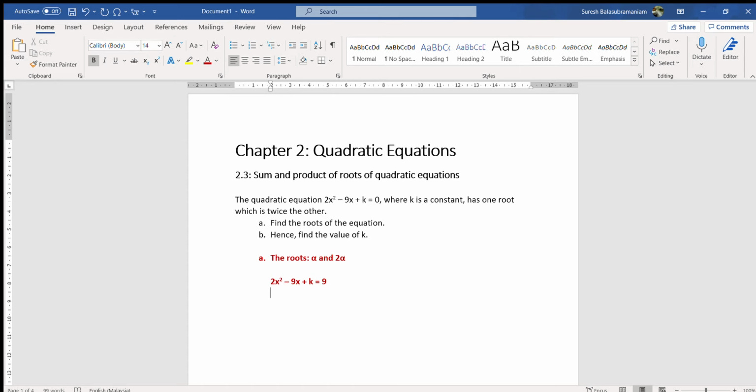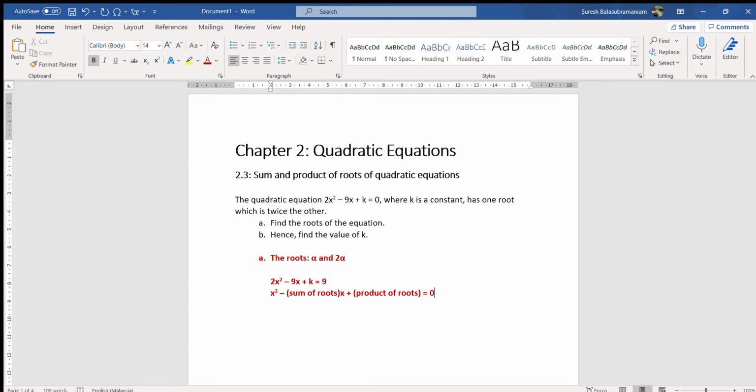Before that, I'll just write down the standard form: x squared minus sum of roots x plus product of roots equals 0.